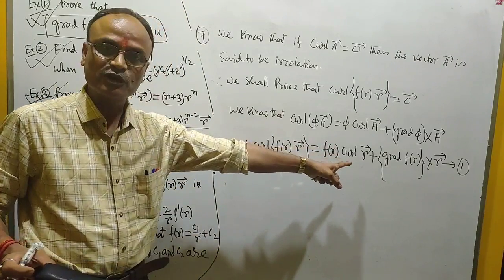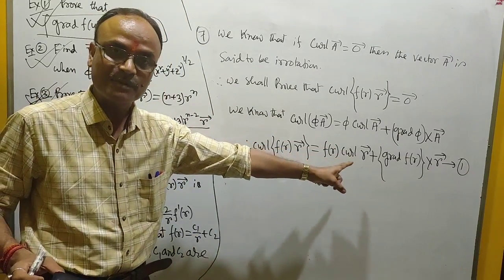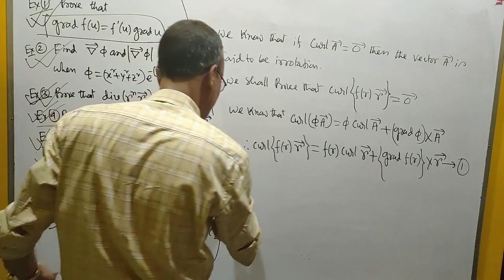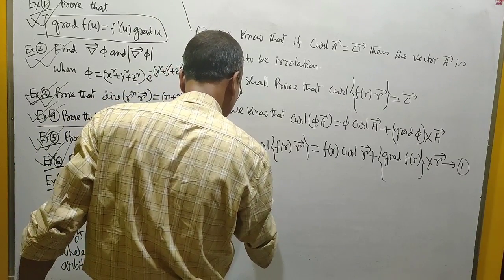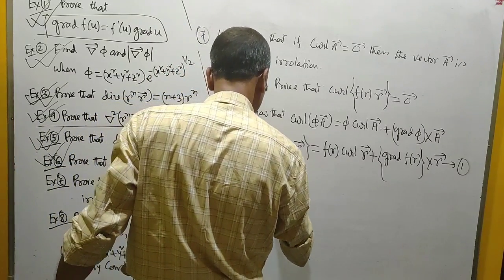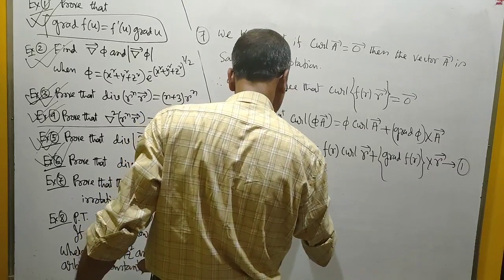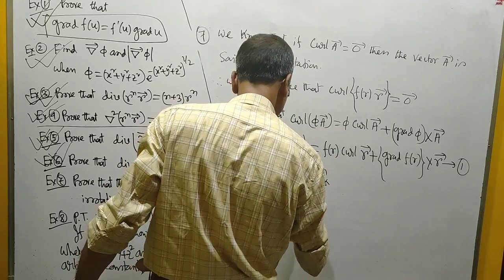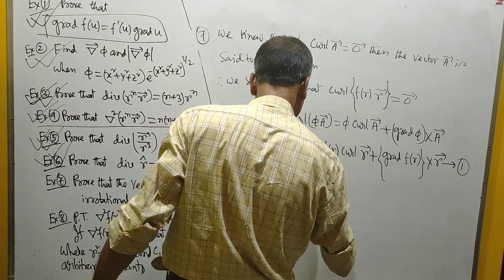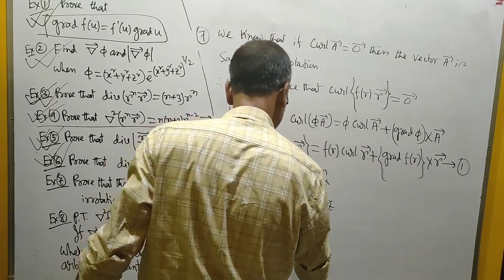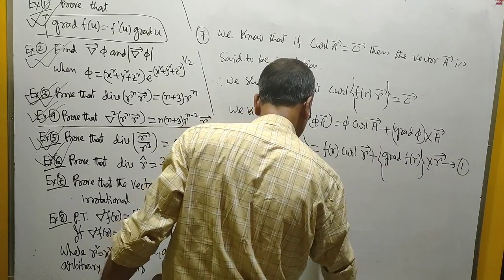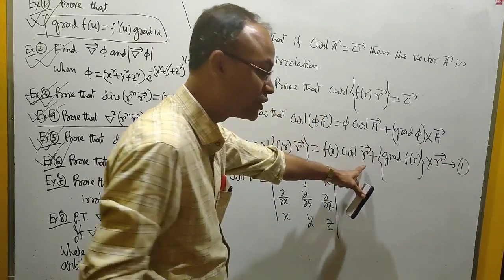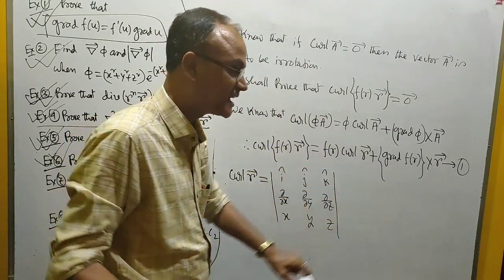What is curl r vector? We have already proved this. Curl r vector equal to the determinant i cap, j cap, k cap, del x, del y, del z, and x, y, z, because r vector equal to x i cap plus y j cap plus z k cap.